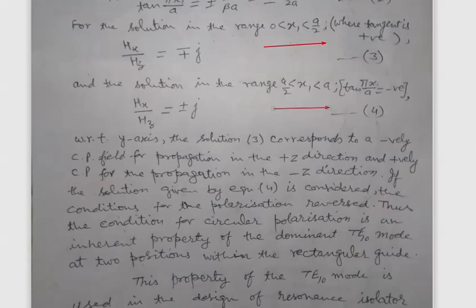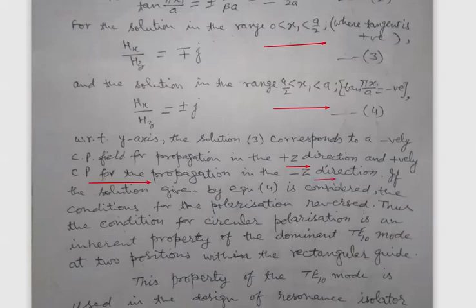Now the solution in equation number 3 corresponds to a negatively circularly polarized field for propagation in the plus z direction, and a positively circularly polarized wave for propagation in the minus z direction. If the solution given by equation 4 is considered, then the conditions for the polarization will be reversed.